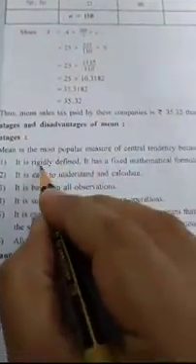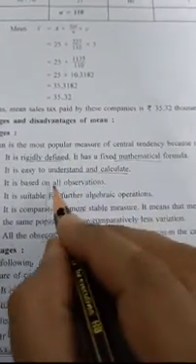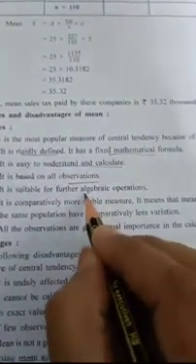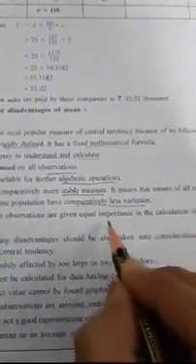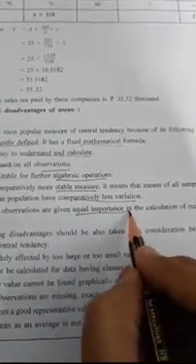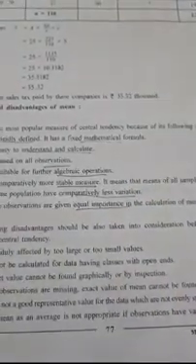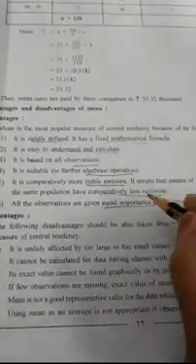Okay, so here is how to remember the points. The first one, advantages: rigidly defined, fixed mathematical formula, understand and calculate easily, based on all observations, algebraic operations, stable measures, comparatively less variation, and equal importance is given. You can remember these points and write them down. Only you have to remember the points and you can make the formation.